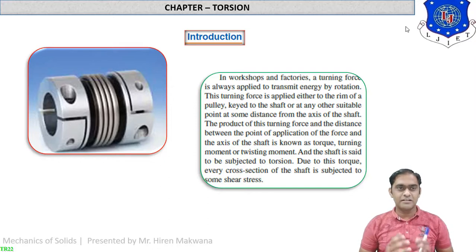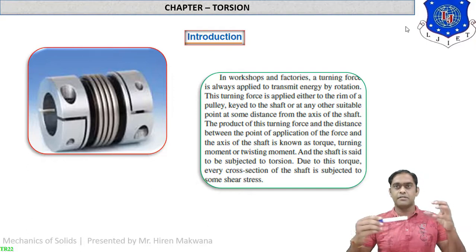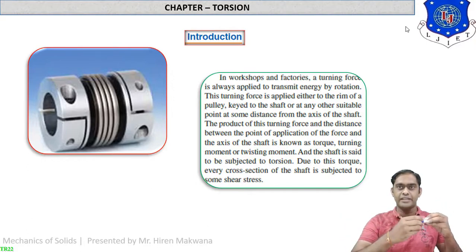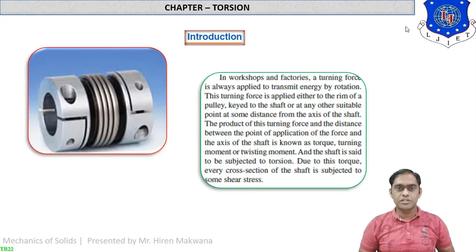You can see the shaft or component of the bearing in the figure, in which the shaft can be fitted into the bearing like this. Now, what is torsion? In workshops and factories, a turning force is always applied to transmit energy by rotation.